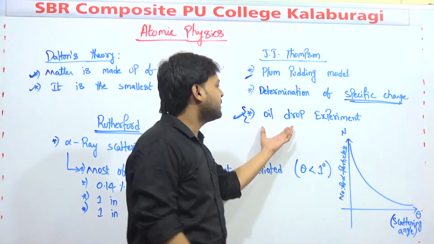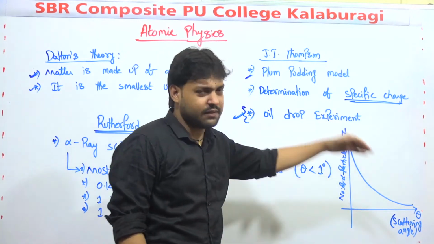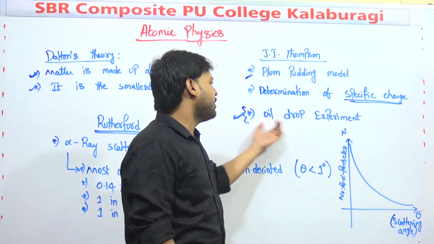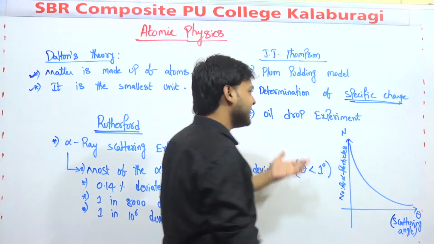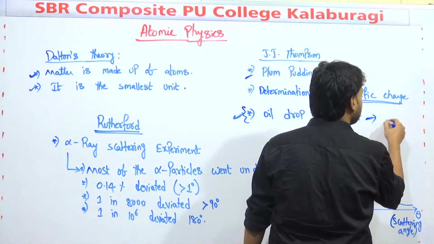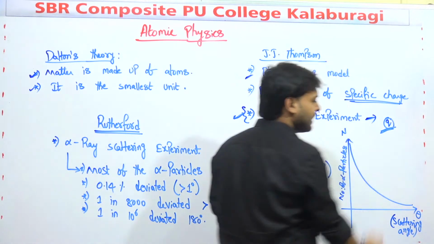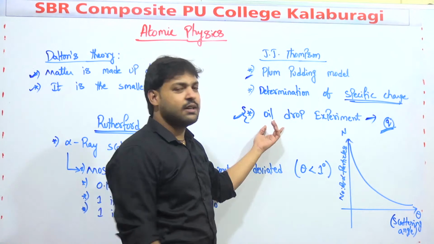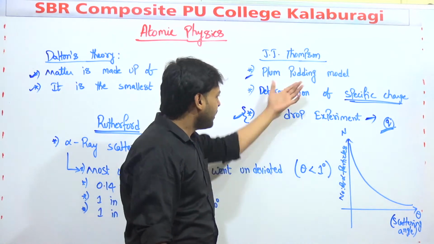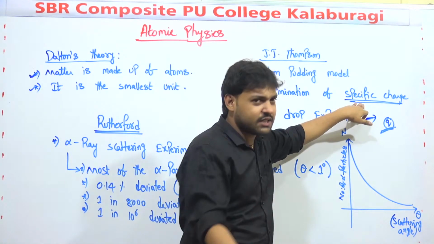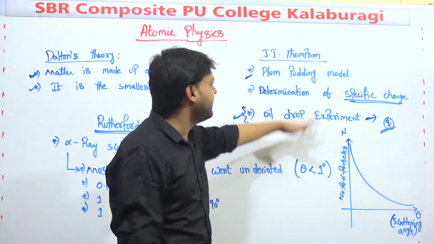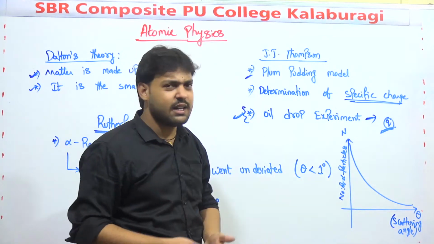By using the oil drop experiment. That also we have seen. In this experiment, we can determine the magnitude of charge. All these experiments we have seen: specific charge, and the oil drop experiment. Try to see the videos if you have any doubts.